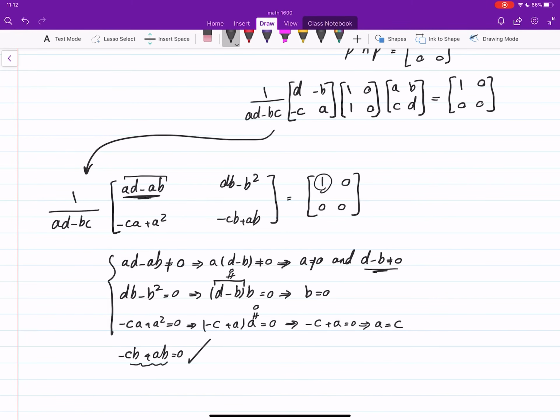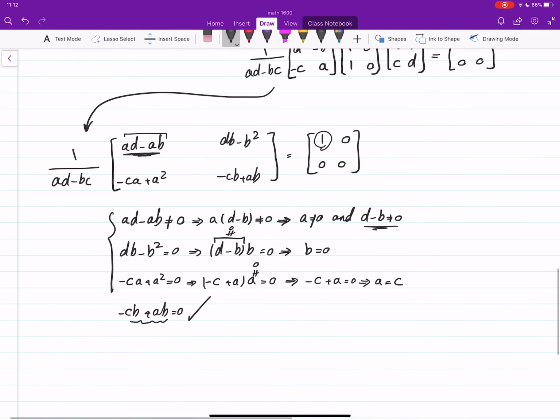So the last one is going to be true. What we have now, if I list all the conditions I got: a must be not equal to 0, b must be equal to 0, d minus b must be not equal to 0, but b itself is 0, so that means that d must be not equal to 0.